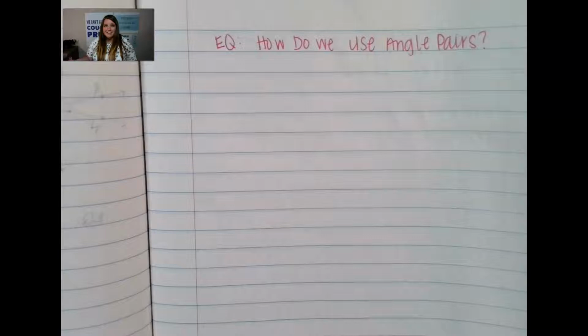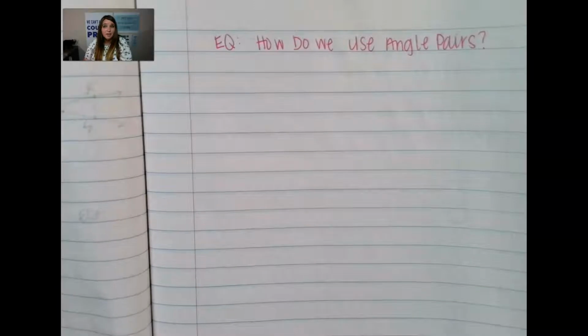Hi everyone. Okay, so yesterday we took a lot of notes around vocabulary and talked about types of angles and how we know what they look like and how to work with those angles to identify what they look like.